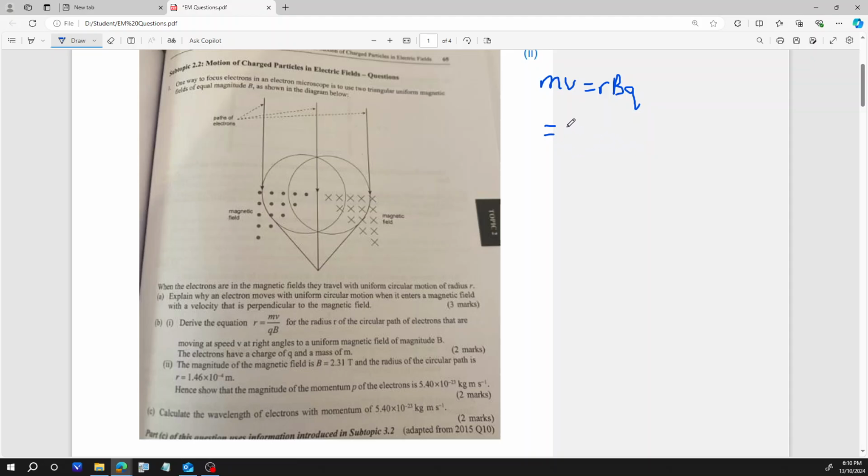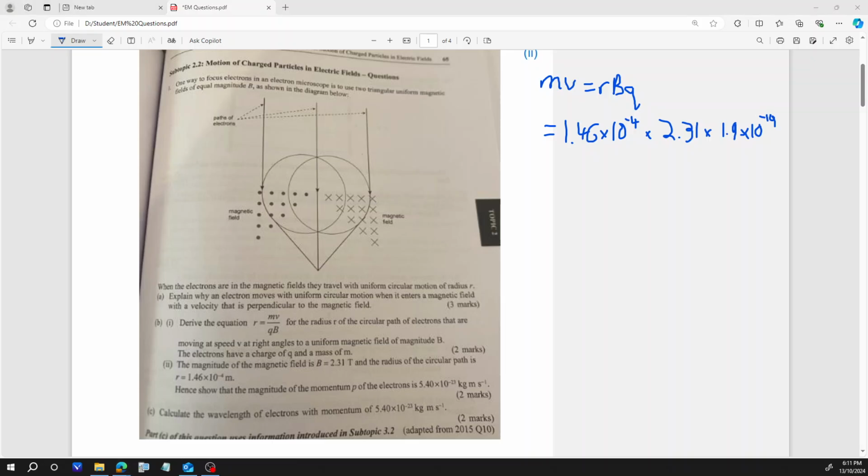Times 10 to the minus 4, times 2.31 tesla. And then Q is 1.6 times 10 to the minus 19.